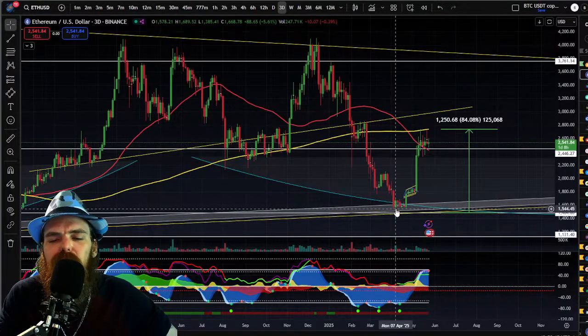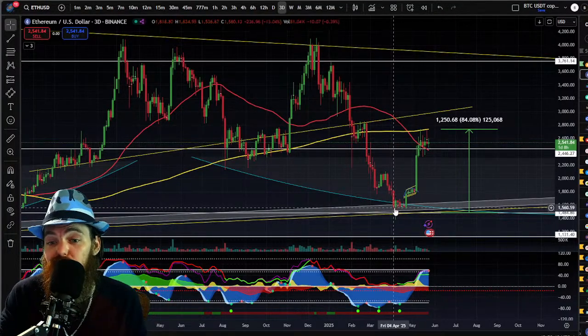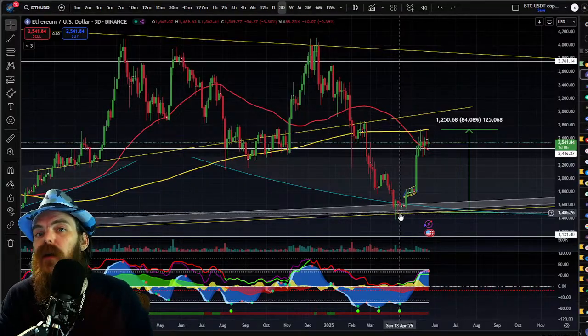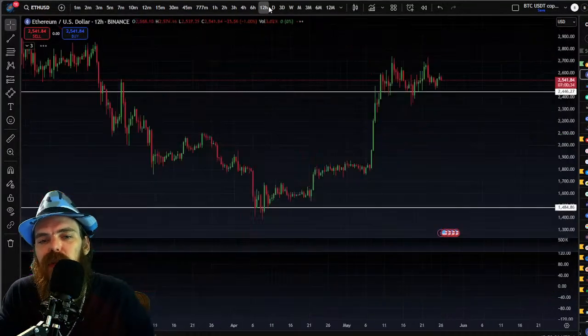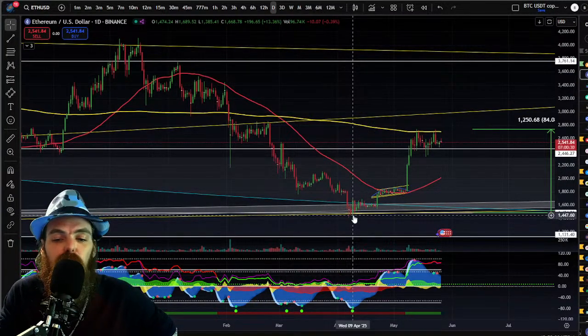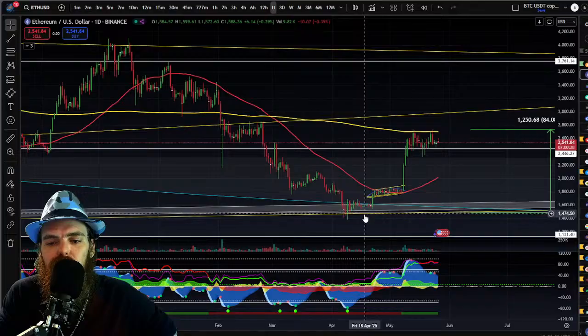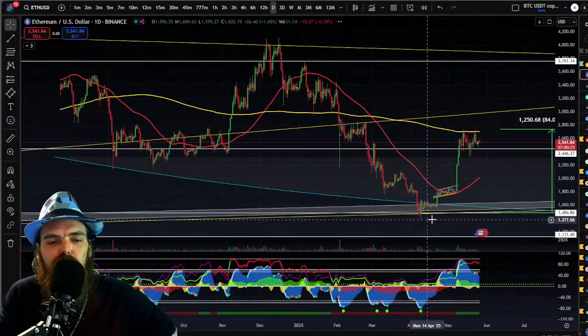Do you really think that we're going to break below that for anything more than a day or two just to scare people before we have a big bounce? Did we even get a daily that closed below it? We didn't even get a daily that closed below that line. And this was put in place long before the price action got here.